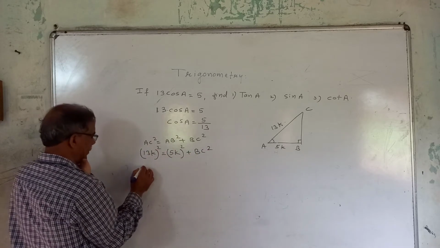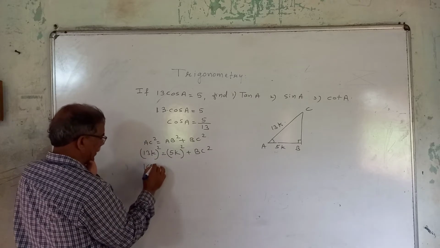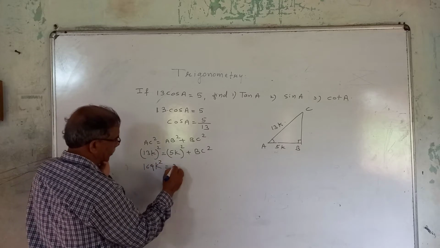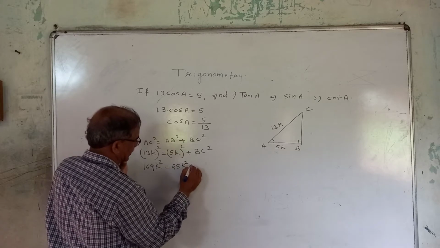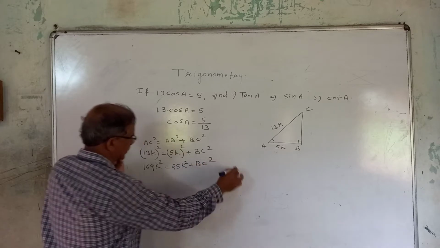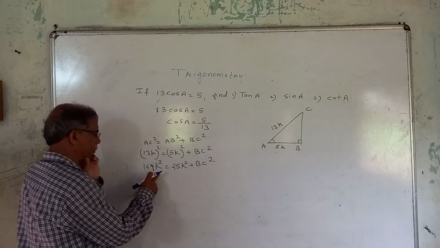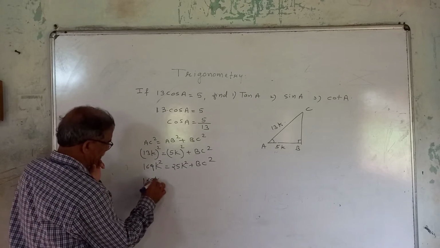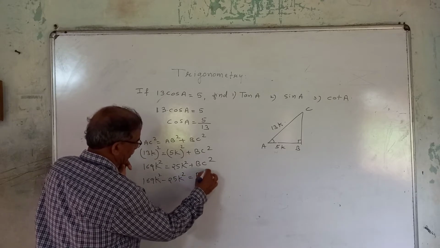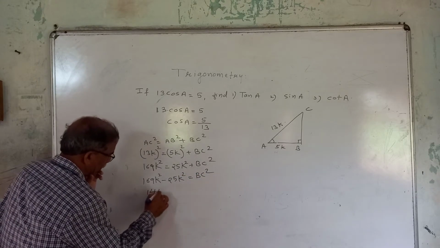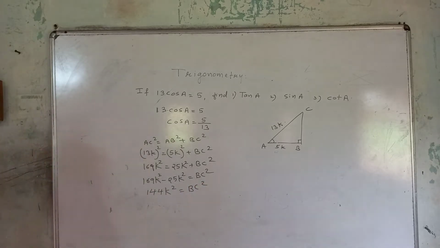So 13k square, how much? 13 square is 169 k square, and 5k square is 25 k square, plus BC square. Now we want to find BC square, so naturally 25 k square will go to the other side. So 169 k square minus 25 k square should be equal to BC square. So 144 k square is equal to BC square.